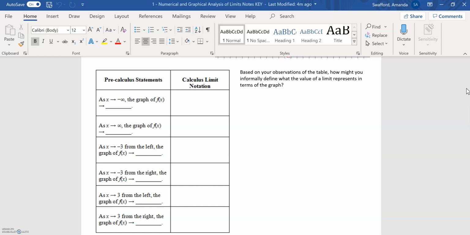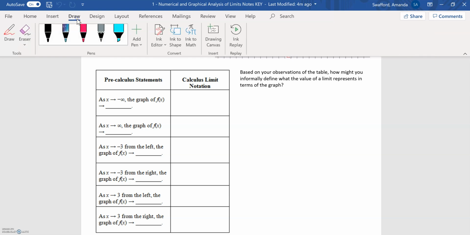As x approaches negative infinity, the graph of f of x approaches what? So remember that arrow means approaches. And so basically we're just asking, okay, as x gets closer to this value, what is y getting closer to? And we're going to use the graph that we just created to answer this.